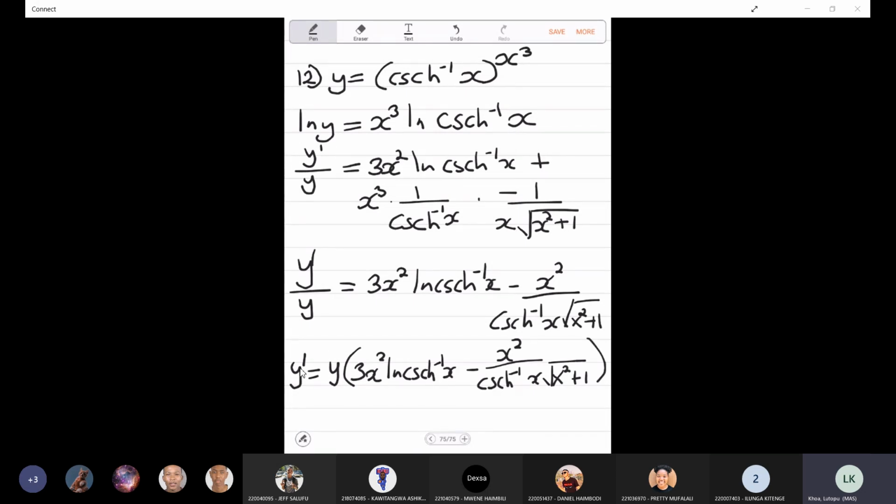Okay, and as usual, this y you can always replace it with the definition of y in the question. It's not very long or too difficult to do.